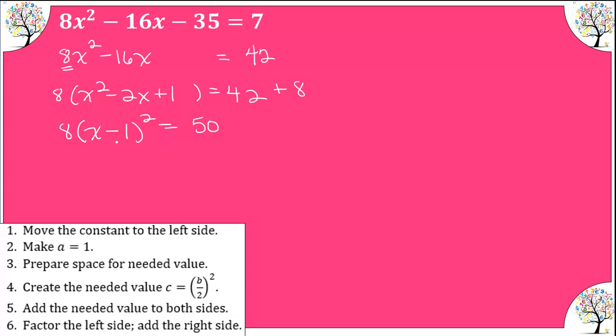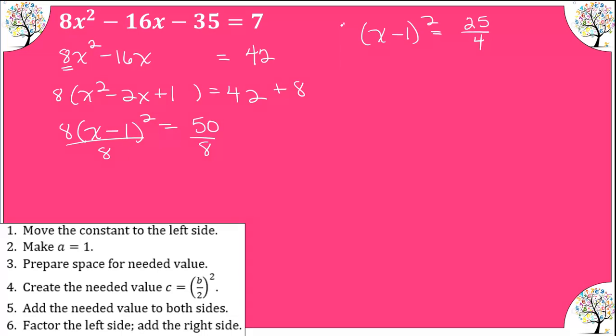We're going to divide each side by 8. We're going to have x minus 1 quantity squared equals 50 over 8, which simplifies to 25 over 4.